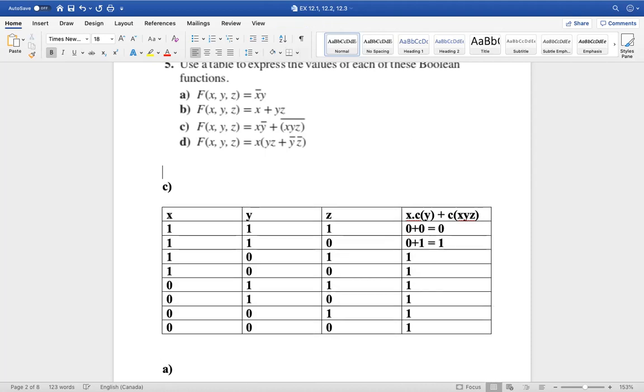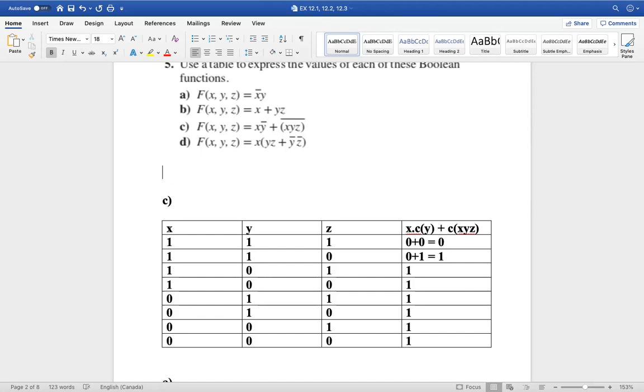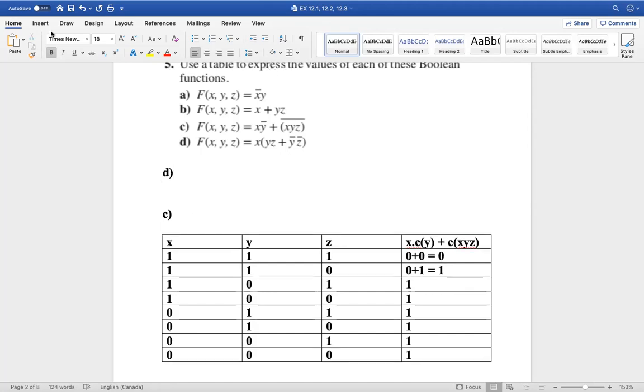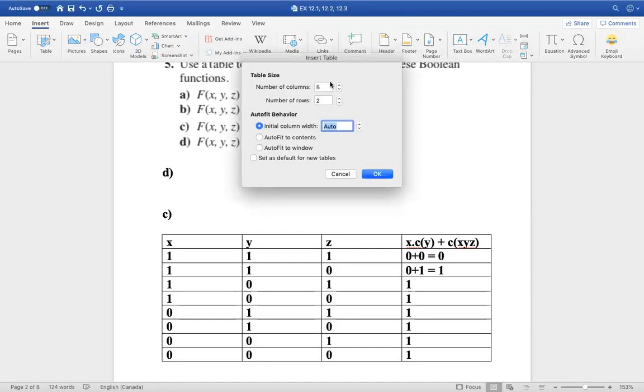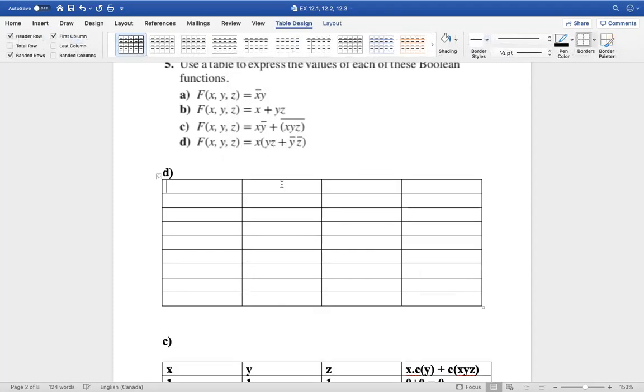Let's do one more, part D. We have x, y, and then z.